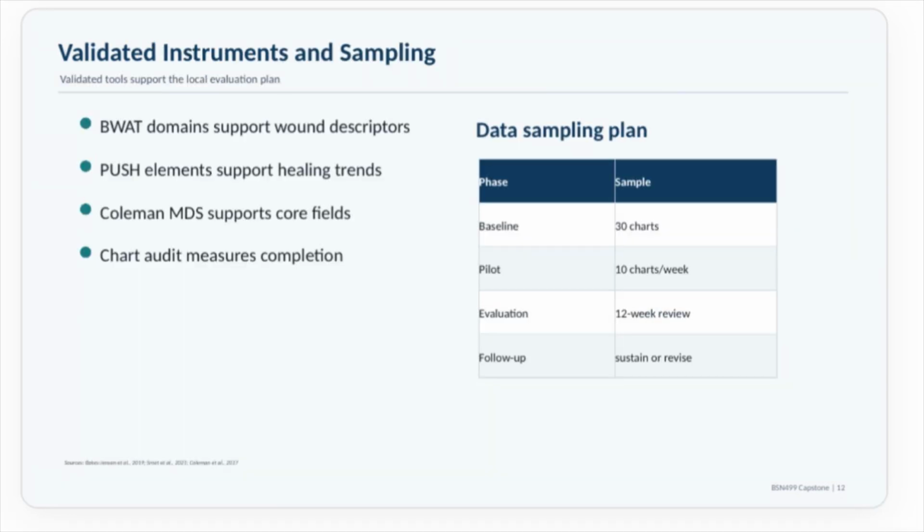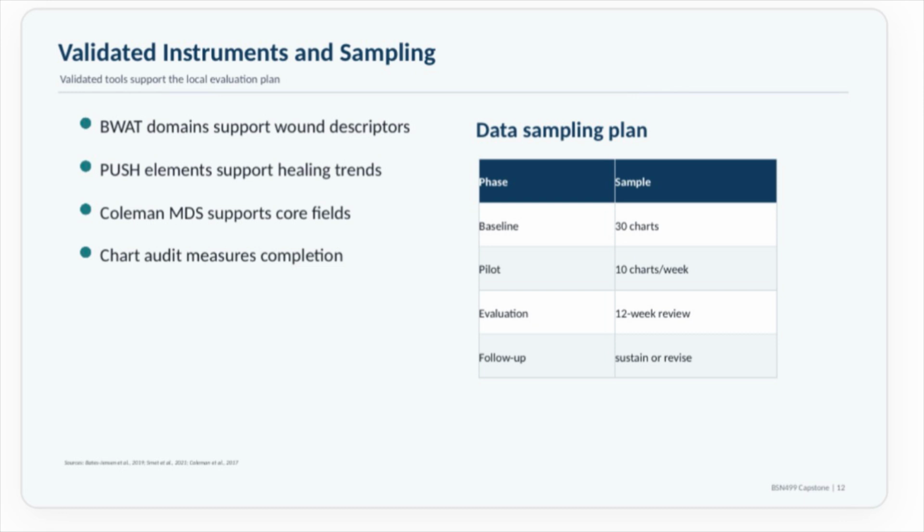Slide 13. Validated instruments and sampling. The assignment requires both a data sampling process and validated instruments. The evaluation plan uses a local chart audit checklist, but the checklist is informed by validated and consensus-based tools.